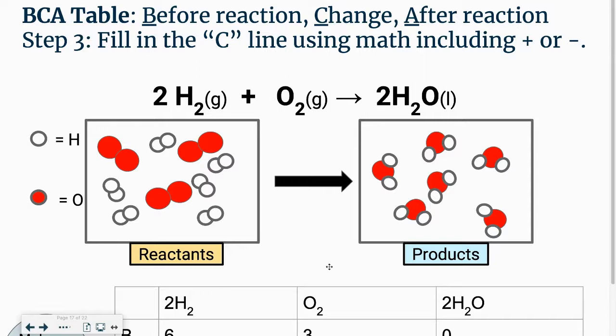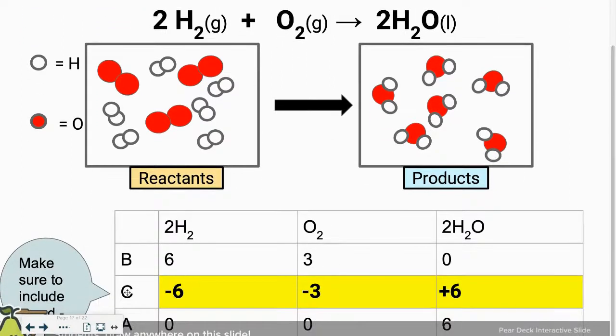And then step 3 is to fill in the C line. This C stands for change. What changed during the reaction? And so if we have the B and the A, we can see how the molecules change. And so if we start with 6, in order to get to 0 after, we have to subtract off 6.